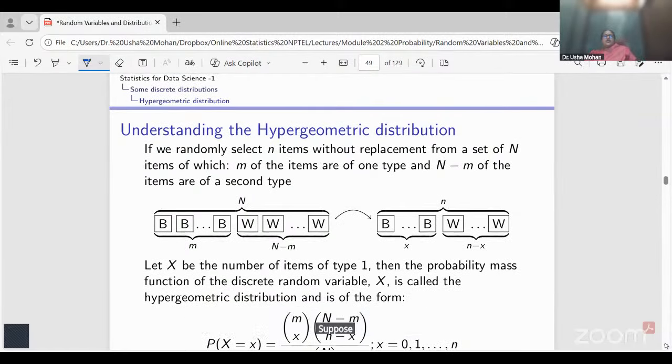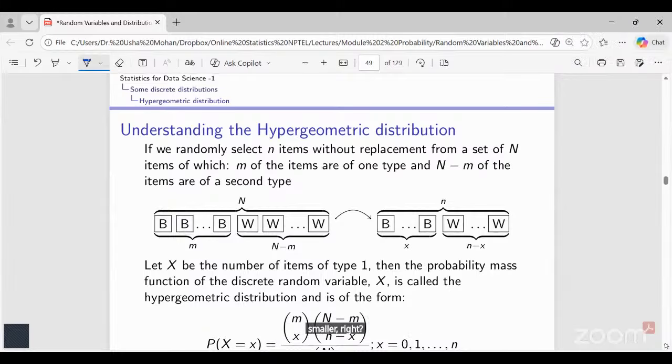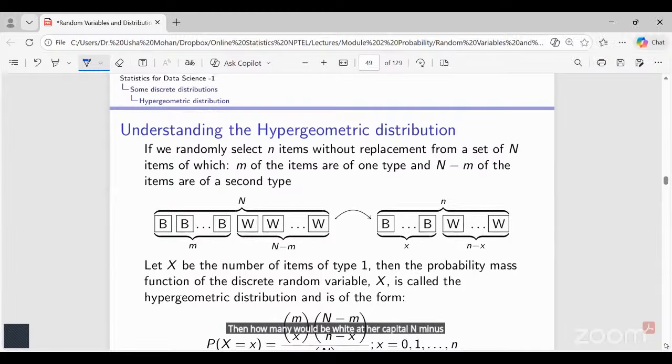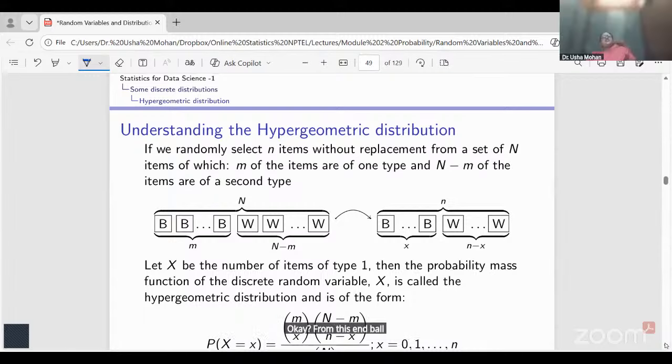Suppose I have a total of capital N balls, of which small m are black. Then how many would be white? I'd have capital N minus m. From these N balls, I am sampling small n. So this capital N could be 50.